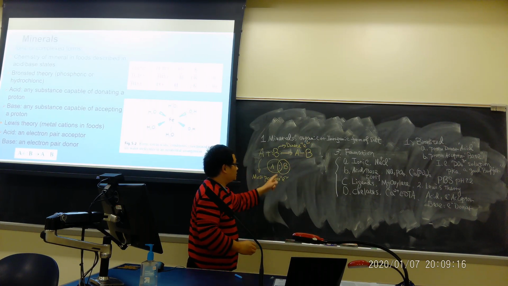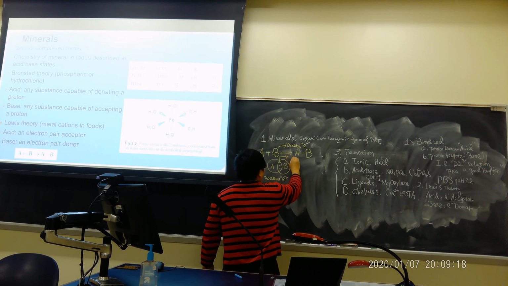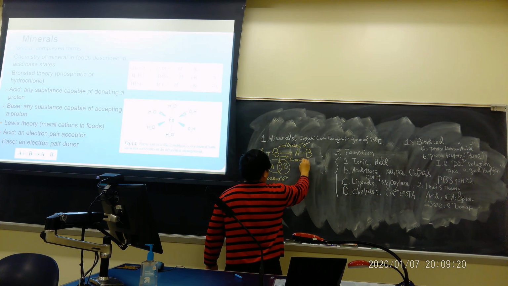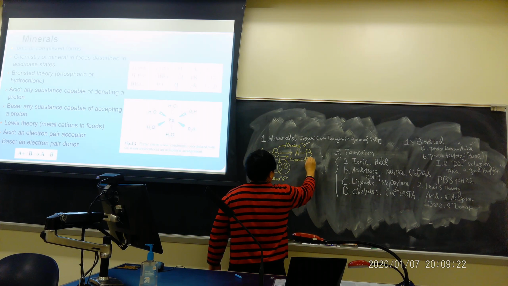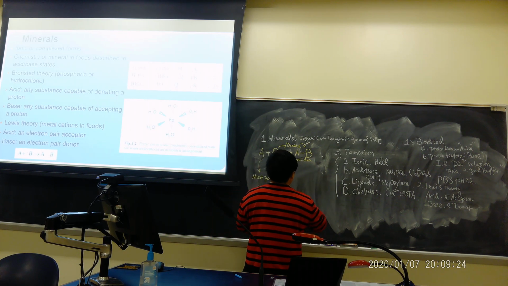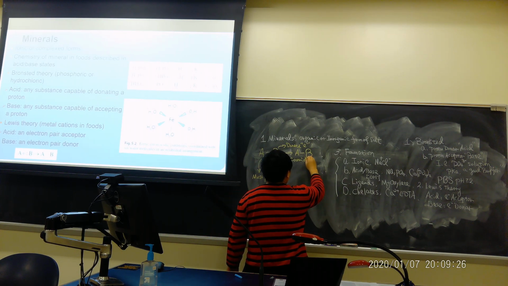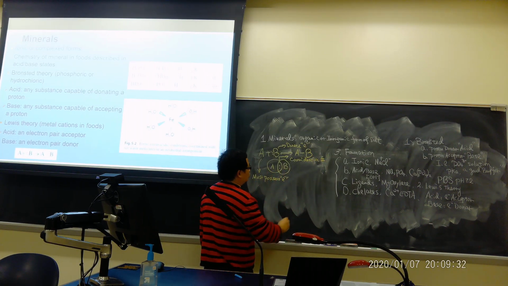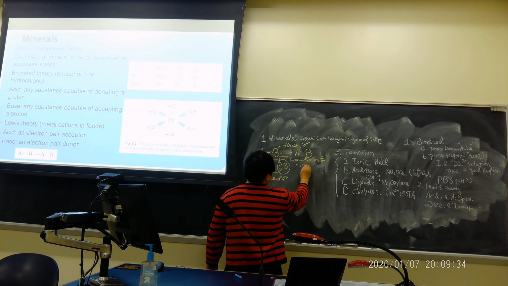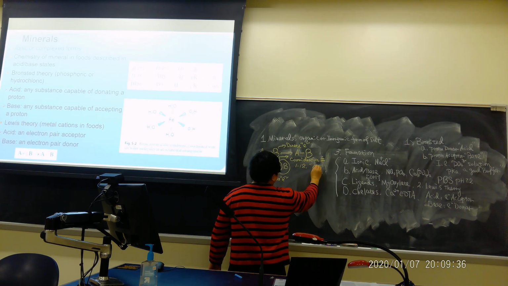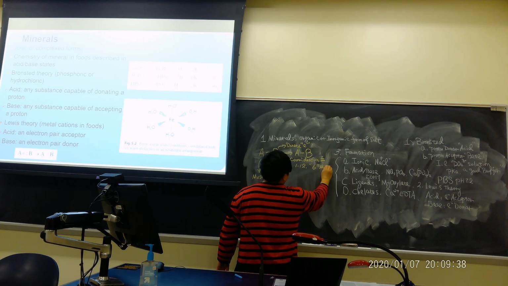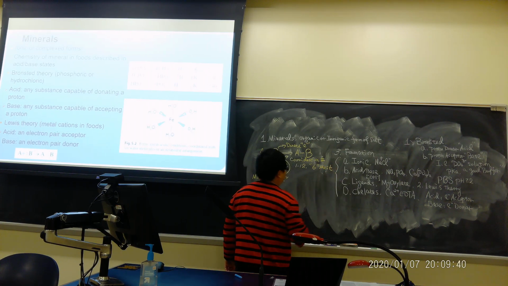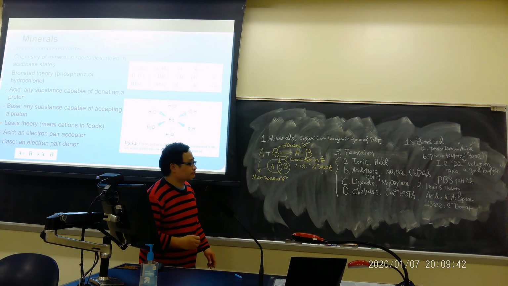And the number here, we call it the coordination number. This coordination number usually is between 1 and 12. 6 is the most widely existing in food products.